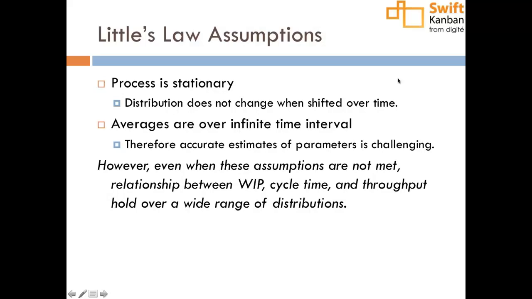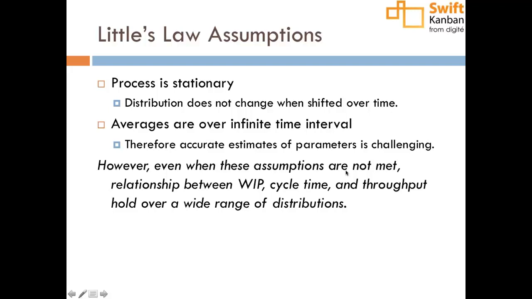And secondly, that it is a stable system, which means that if I took, say, 6 months or 3 months or 1 month or 1 day of the data, and I looked at another one of these same periods, the statistical nature of the process doesn't change. It's a stationary, stable system.